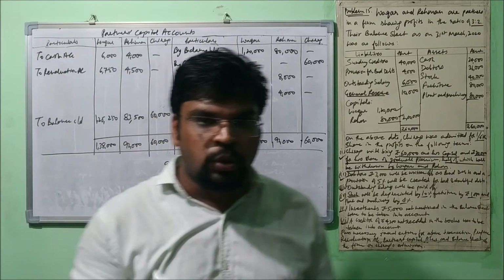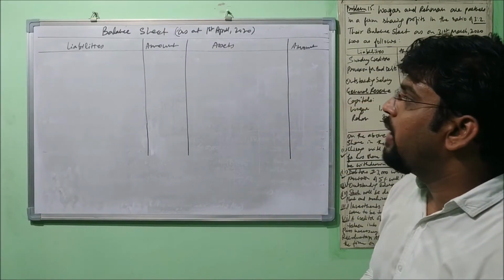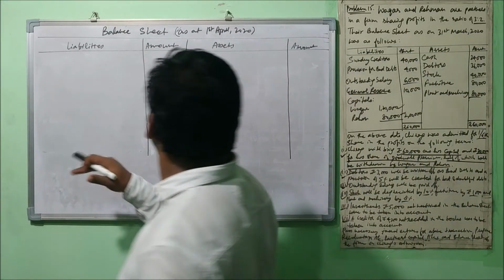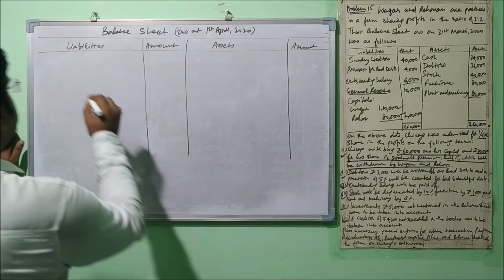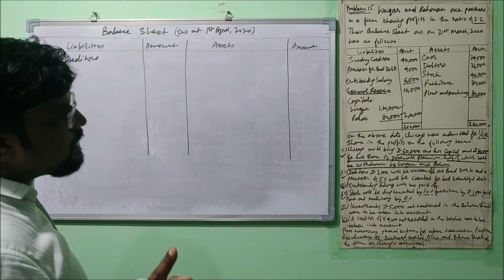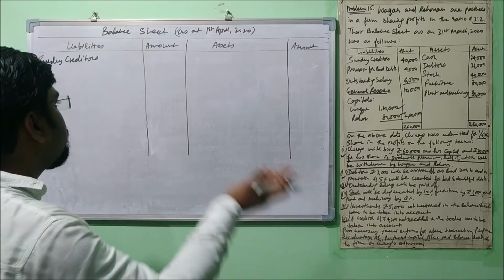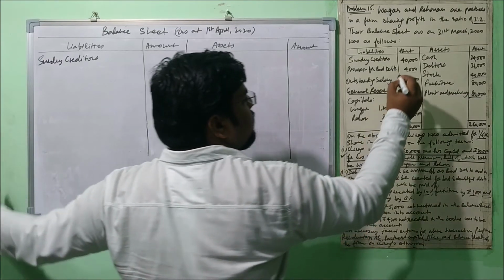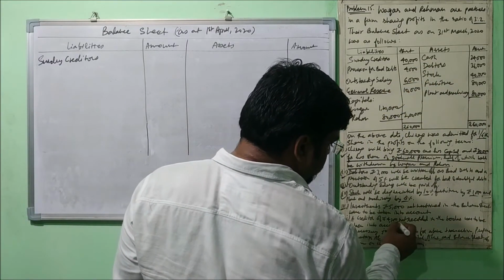Now it's time to prepare the balance sheet. So this is the format of the balance sheet as at 1st April 2020, liability side and asset side. Let's put the values here. Sundry creditors: we have to take care of the values which have changed, so we have to record the changed value here. Earlier the creditors were 40,000 and the unrecorded creditors of 4,200 were also recorded.